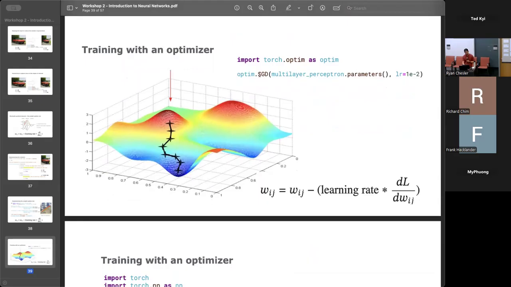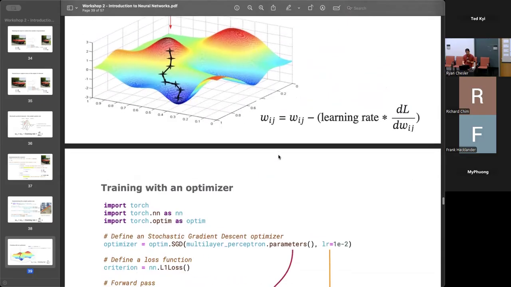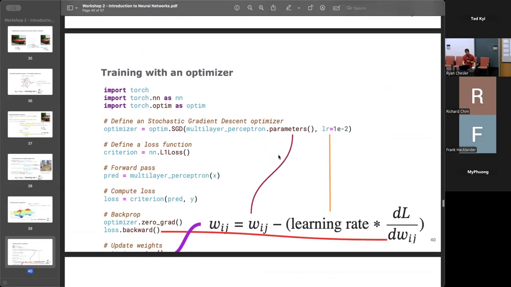But in reality, typically what you do is you just use an existing optimizer from PyTorch. So this is stochastic gradient descent. You just import this and you say, use that. I don't want to do all of the weight updates by myself. So here's the example showing the optimizer. You say, I want the optimizer to function on top of this set of parameters.